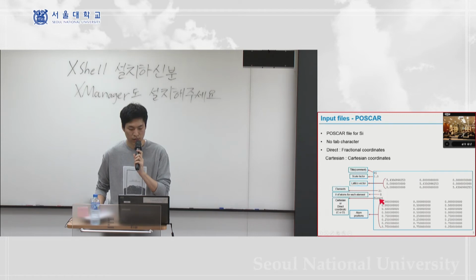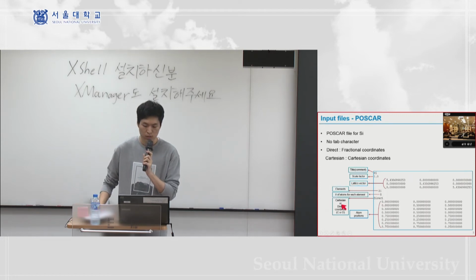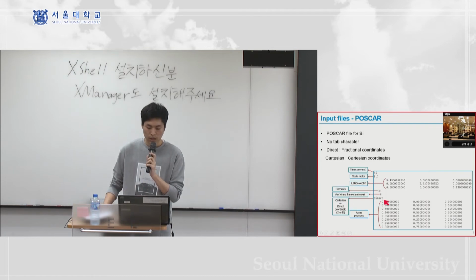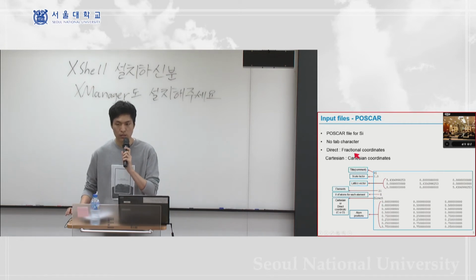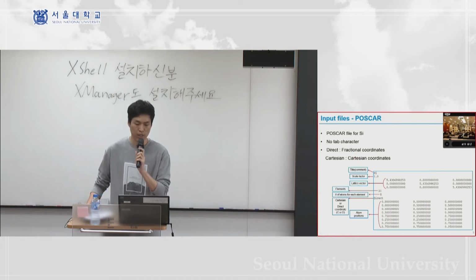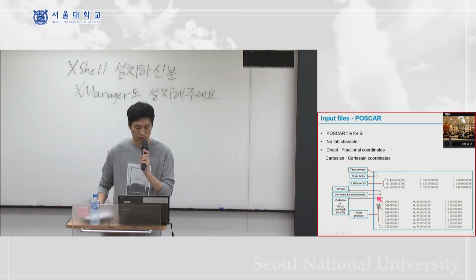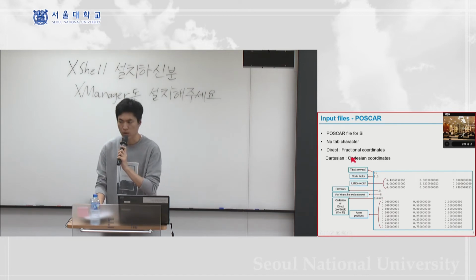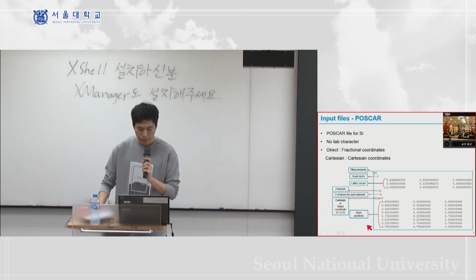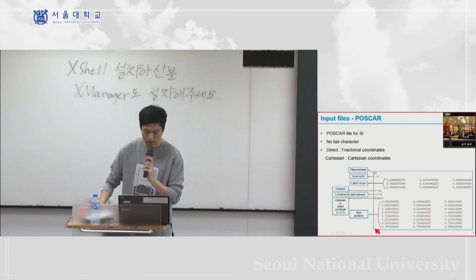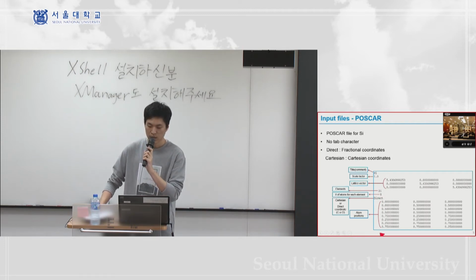And the next line is either Cartesian or Direct. When this line is Direct, then it is in fractional coordinates, that is internal coordinates or relative coordinates. And if it is Cartesian, then it is in Cartesian coordinates or absolute coordinates. And then the last 8 lines, because there are 8 atoms in this system, indicate the positions of each atom.